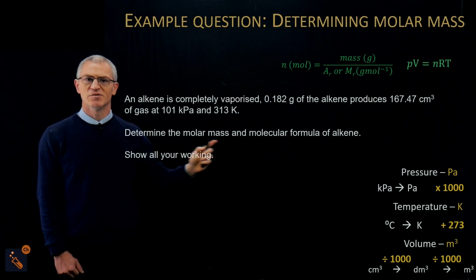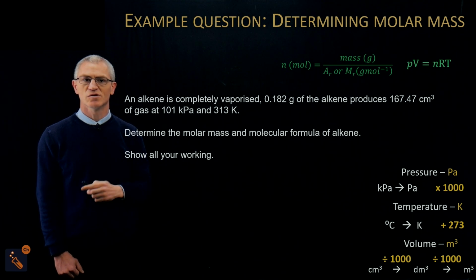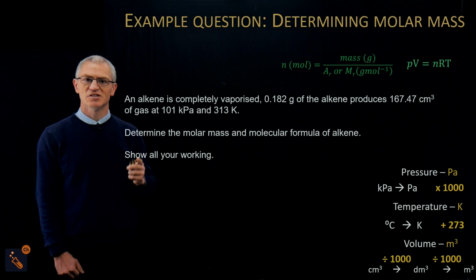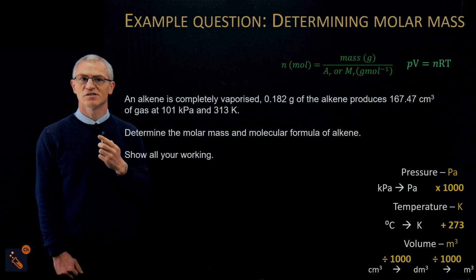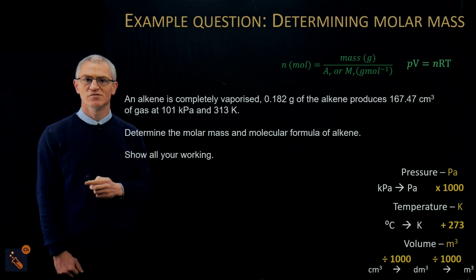They want the molar mass and the molecular formula of the alkene, and you must show all of your working to get all of the marks, and we'll talk about those marks in a second as well. So the important thing is that you look at all of these and first of all determine the fact that you can use PV equals nRT. You've got, for example, any mixture of the components of PV equals nRT means that you can use it.